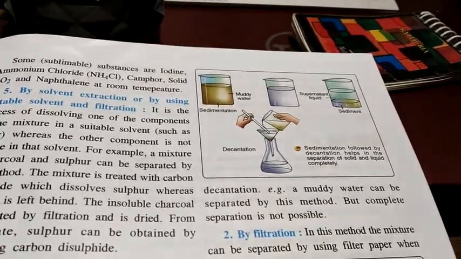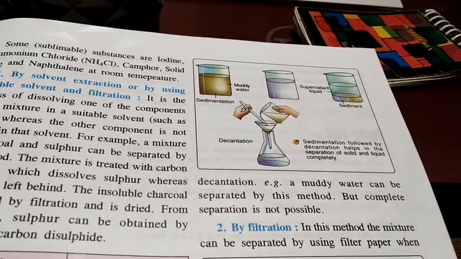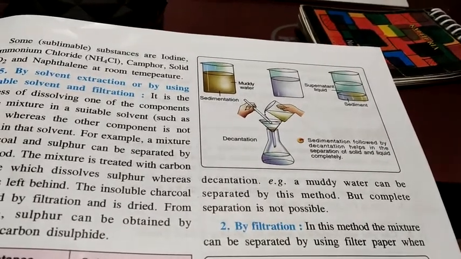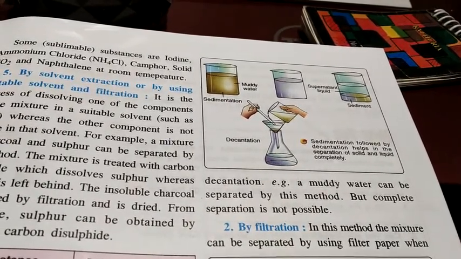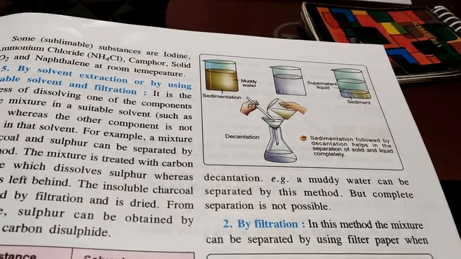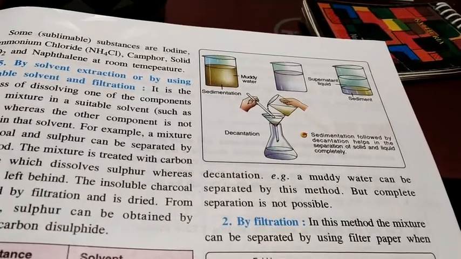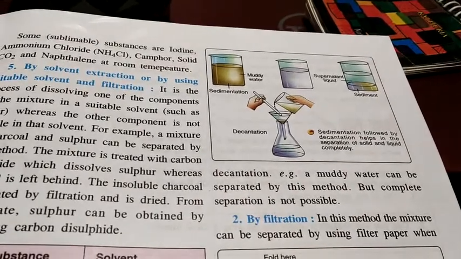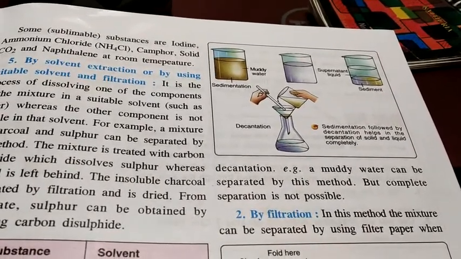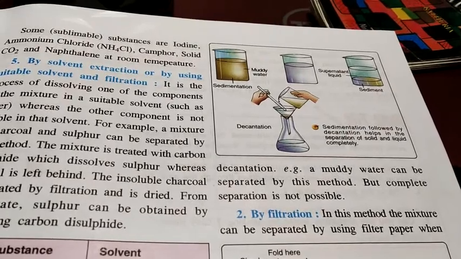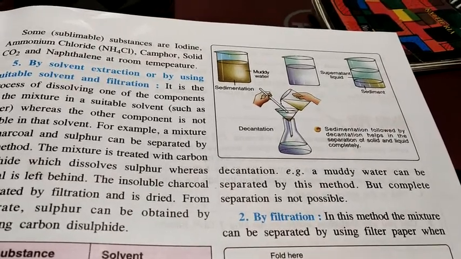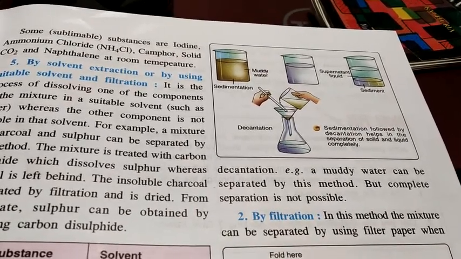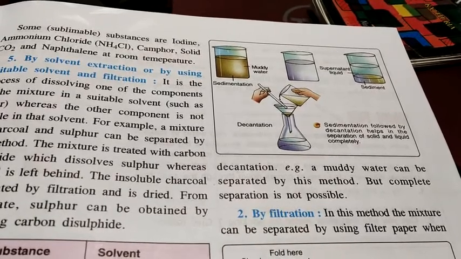Sedimentation was done first when you leave the mixture to settle, and then very carefully you separate the water and you get the clear liquid. This process is called decantation.